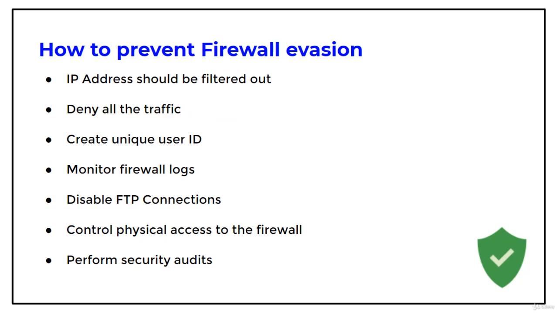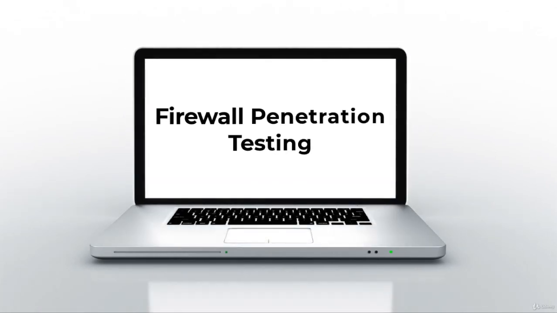Also control physical access to the firewall and specify the source and destination IP addresses as well as the ports. In this way, you can prevent firewall evasion so that the attacker cannot breach the system. In the next lecture, we will see how to carry out firewall or IDS penetration testing.